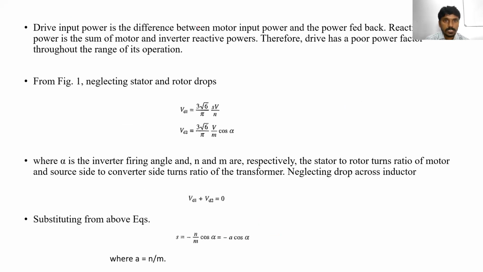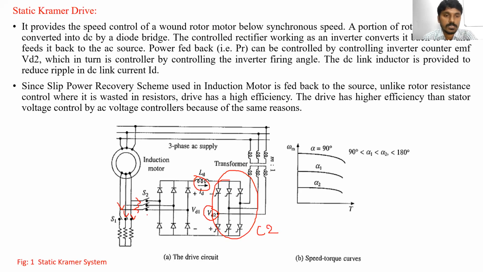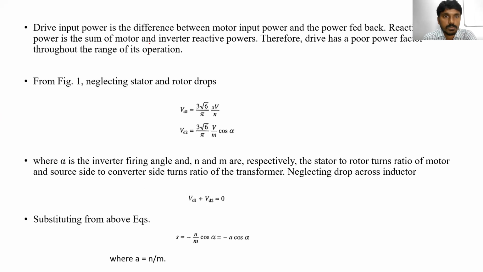The drive input power is the difference between the motor input power and the power fed back. Whatever input power we are giving to the motor, minus how much power we are giving back to the supply lines, the difference between these two is called the drive input power.